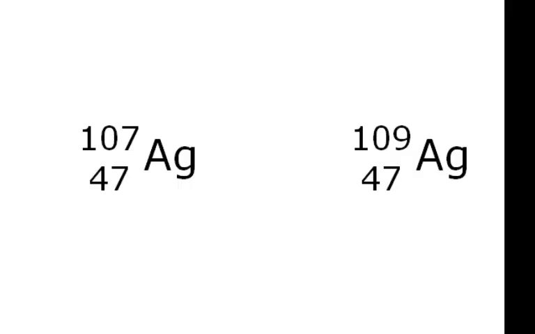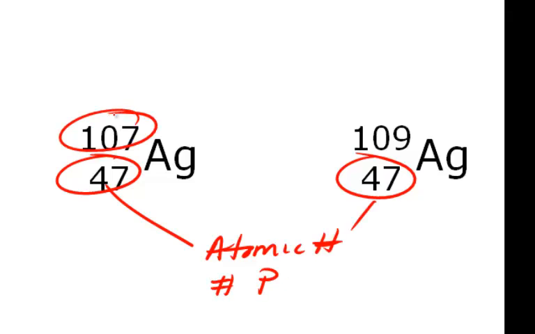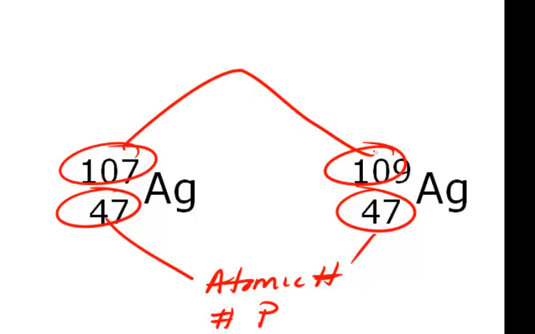If we look at two isotopes of silver, we see silver 107, 47 and silver 109, 47. These 47s on the bottom are the same because these are our atomic number. This is our number of protons. Our 107 and our 109 are our mass numbers, the sum of the protons and the neutrons.